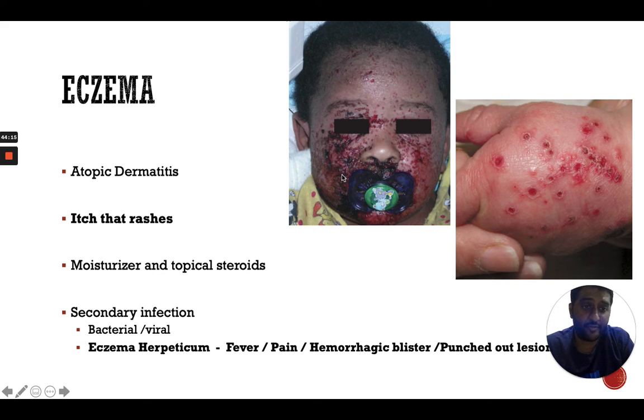This is suggestive of eczema herpeticum, and punched out lesions are also common for it. Usually, the eczema rash is not painful. If they complain of significant pain in an eczematic rash, you should suspect eczema herpeticum. Treatment is antiviral, and probably they will require admission.